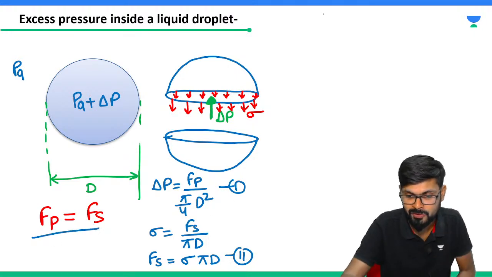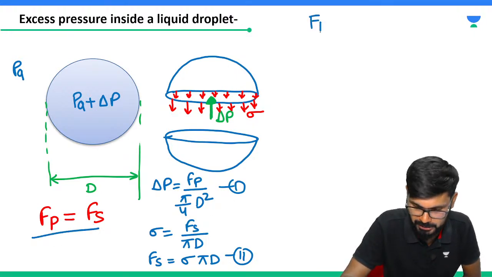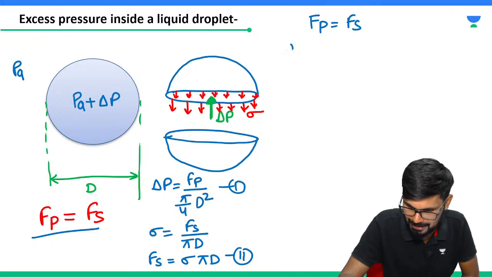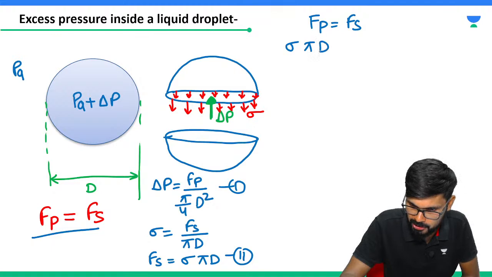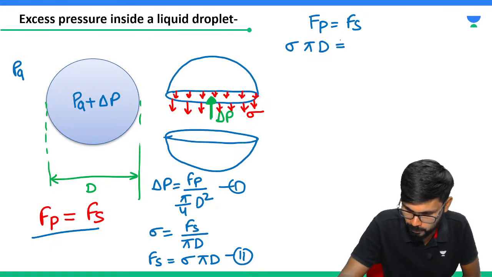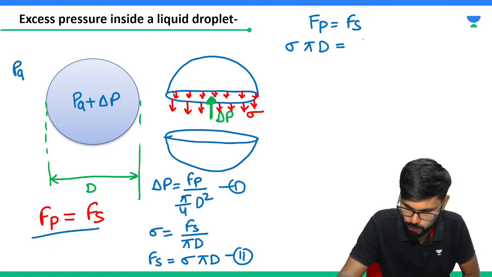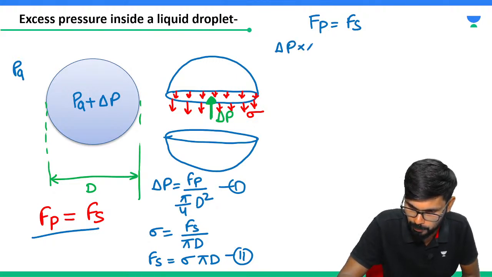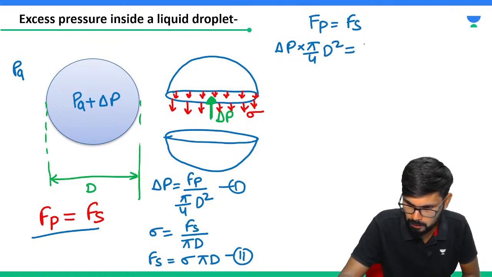Now put this value here, meaning this excess pressure is going to be balanced by surface tension. So now I can have Fp value, delta P into pi by 4 d square, is equal to Fs value, sigma pi d.